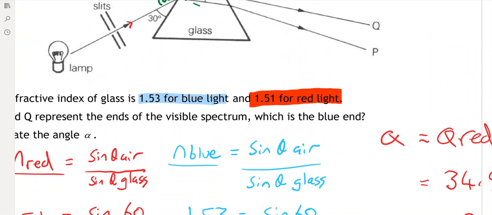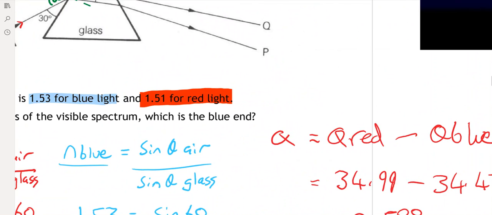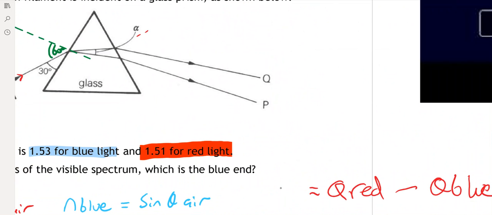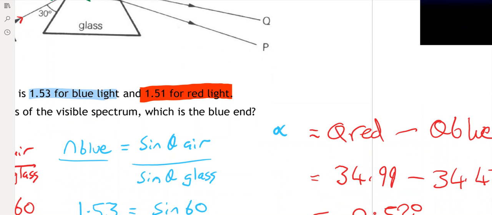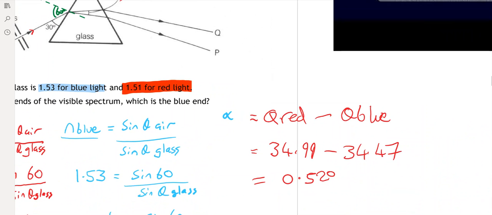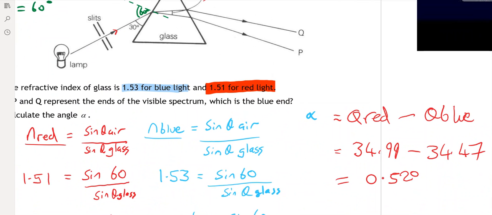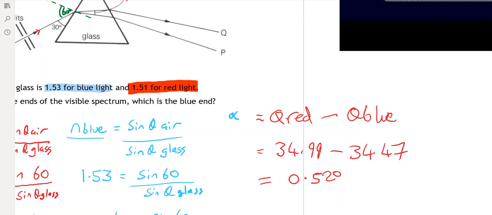So what we know now is that this angle in between, alpha, is equal to the angle of refraction for red, subtract the angle of refraction for blue. Our larger angle subtract our smaller angle. 34.99 subtract 34.47 gives us 0.52 degrees.